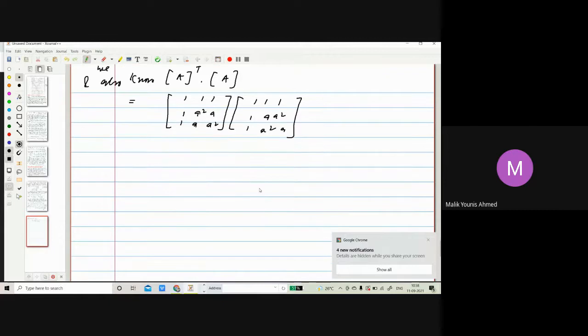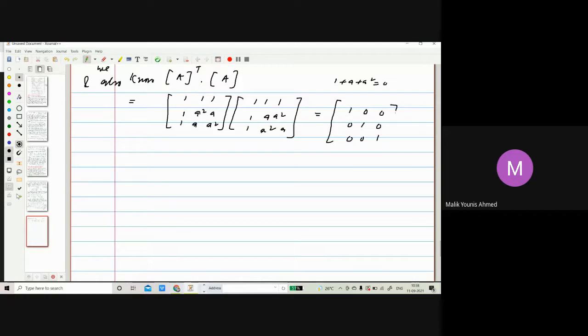So in the diagonals, after multiplying this, using the identity 1 plus A plus A square equals 0, this will become 3 0 0, 0 3 0, 0 0 3. Only diagonals will have values. So it's a unit matrix multiplied by 3. You can check this. It is not a big calculation using this identity.